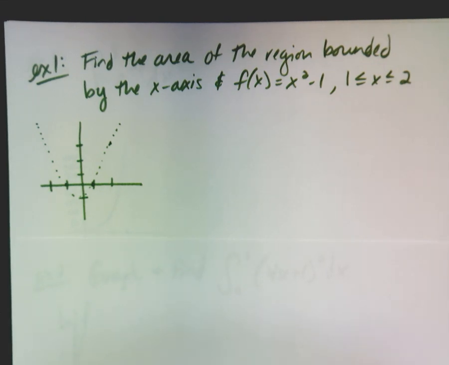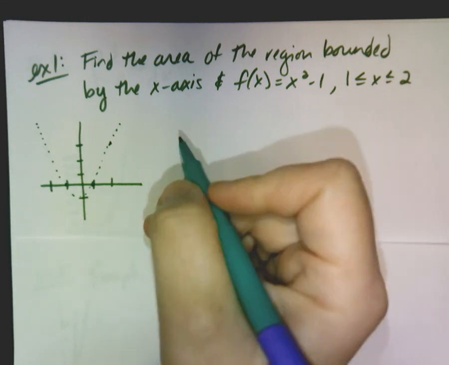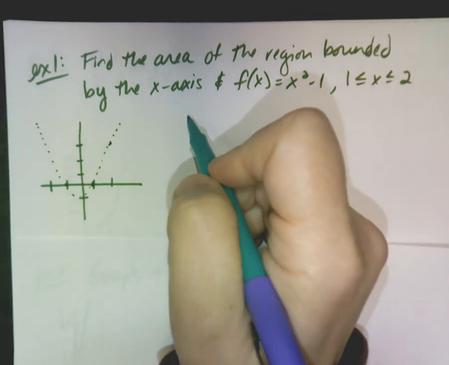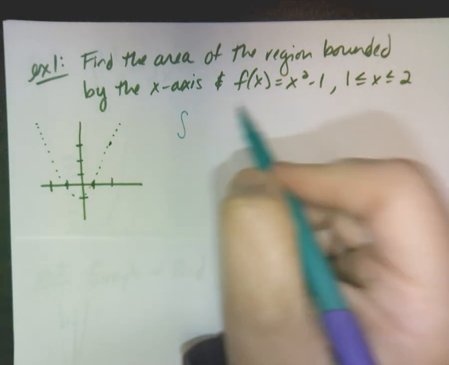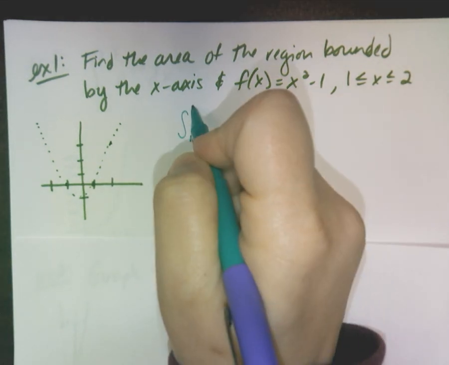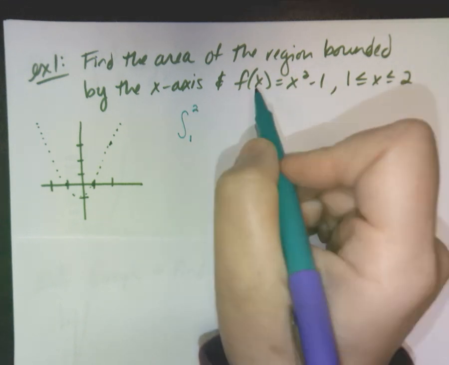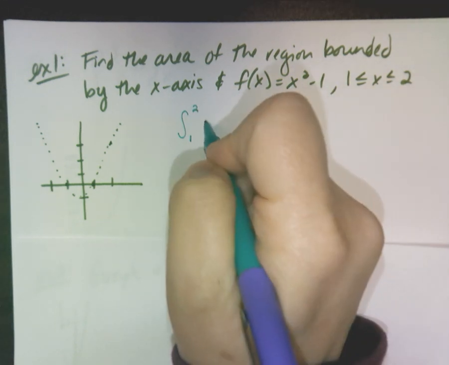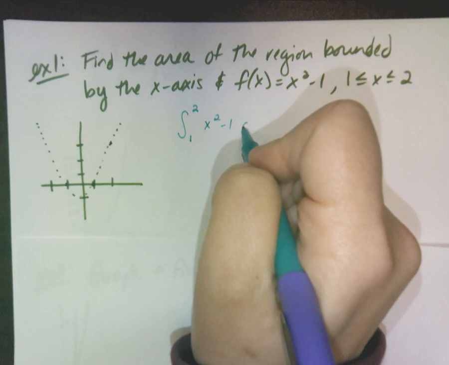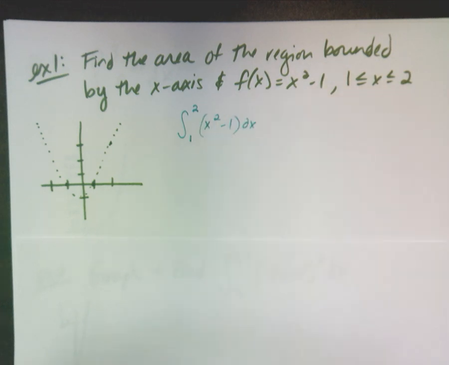Find the area of the region bounded by the x-axis and the function x squared minus 1, where x is bounded between 1 and 2, okay? So what that means is if I were going to write this as an integral to find the area, I'm going to find the area from my lower bound 1 to my upper bound 2 of my function f of x, which is x squared minus 1 dx, okay?